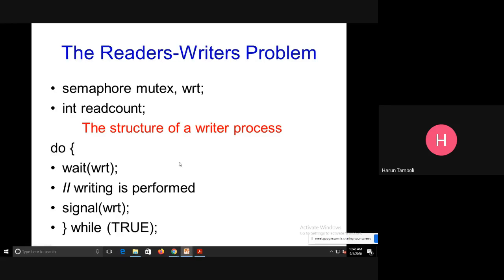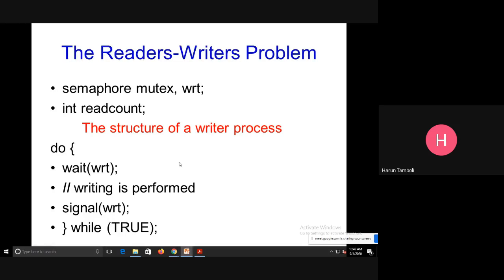That is the problem, and it can be solved by using the semaphore. Two variables we are using in this case: one is the mutex and the second is the write semaphore variable, and one more variable, the read count.